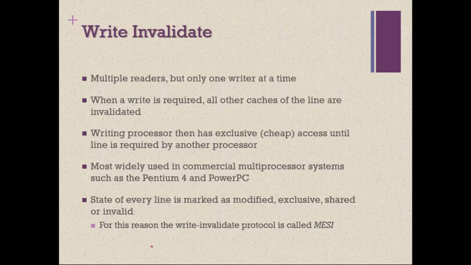Okay, so what is write invalidate? With the write invalidate scheme, there can be multiple readers. Readers in the sense that there can be multiple caches with the same copy of data, and they are only performing read operations on that data.